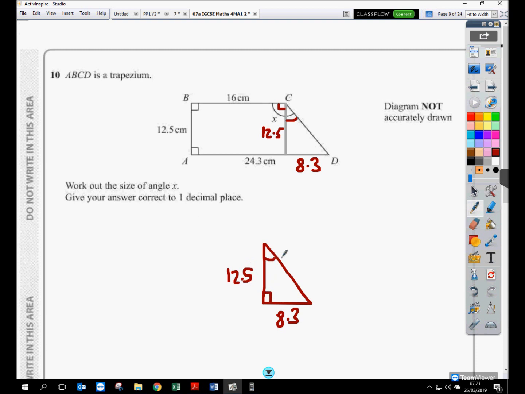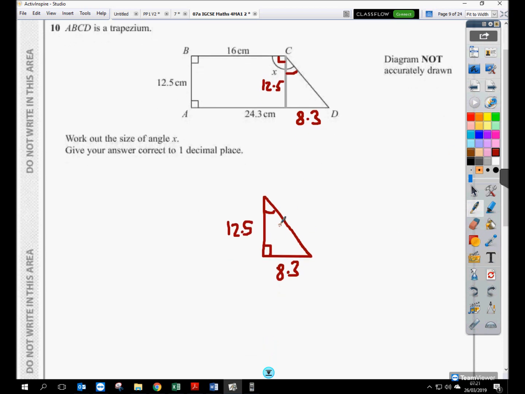I'm working out the angle at the top, and I'm going to use SOHCAHTOA, or trigonometry, to do this. Label the sides. This is the opposite, and this is the adjacent, which is found between the right angle and the angle. So it's TOA: tan of the angle is equal to opposite, 8.3, over adjacent.